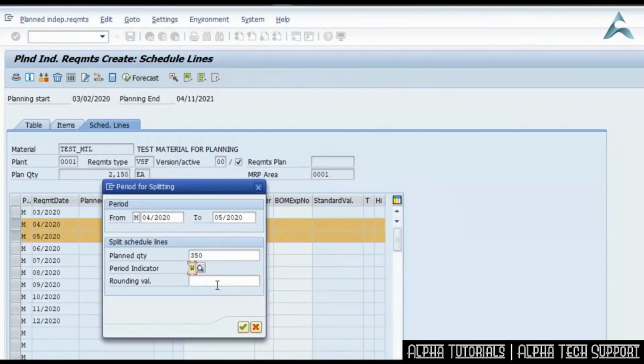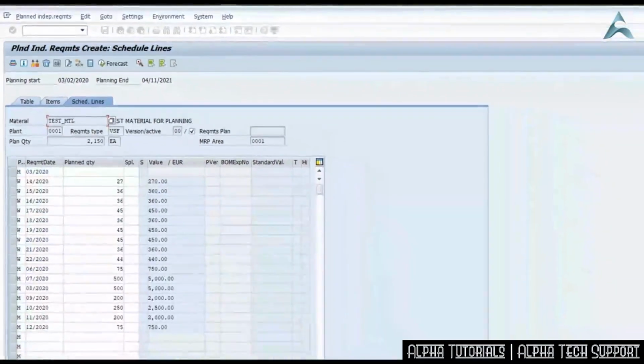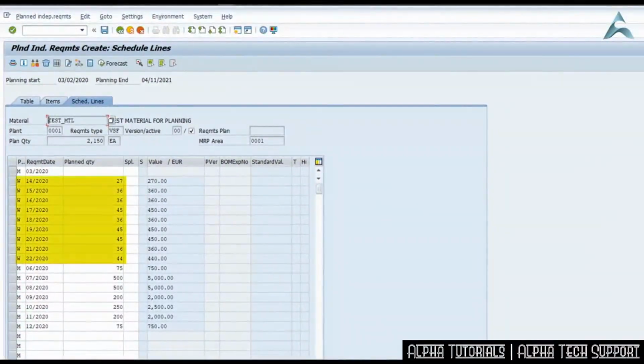And if you cannot manufacture half of an each, as I suspect you can't, I would recommend putting in a rounding value so that it rounds up to the nearest integer and doesn't give you a decimal. And when you hit continue, you will notice that those first 2 months have now been split as evenly as possible with a rounding indicator across the weeks of April and May.